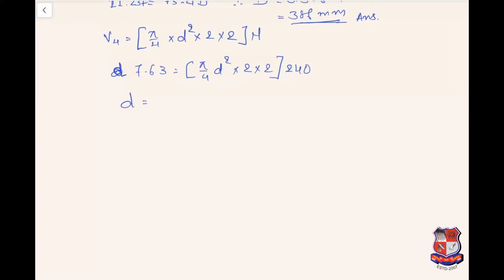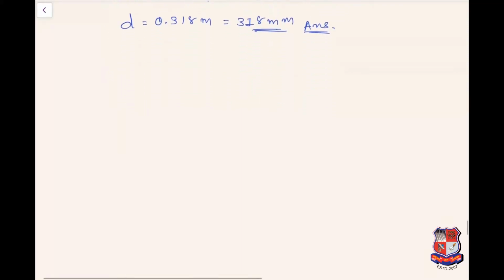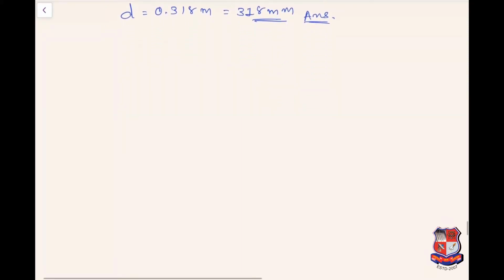So D will be 0.318 meter, so that is equal to 318 mm. So this is our fourth answer, that is the bore of the compressor and expander.